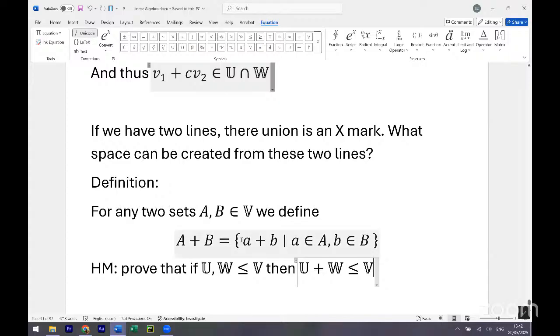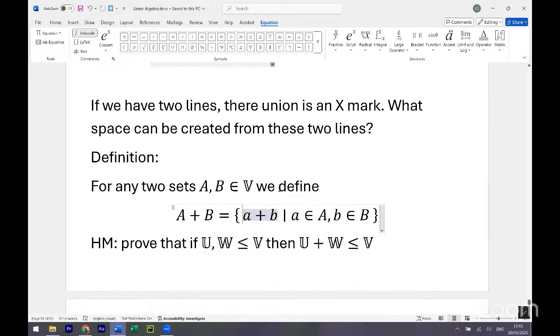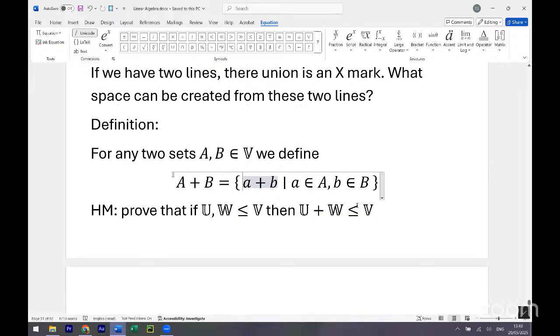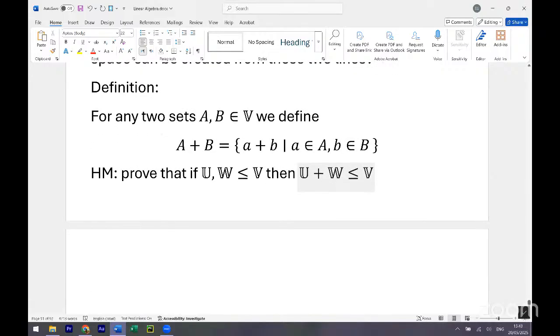Because I'm adding the sum of every two vectors into the set, I get the closure, and that is actually a subspace. I told you as homework to prove that it's indeed a subspace. It's not very hard. I wish to give you an example.